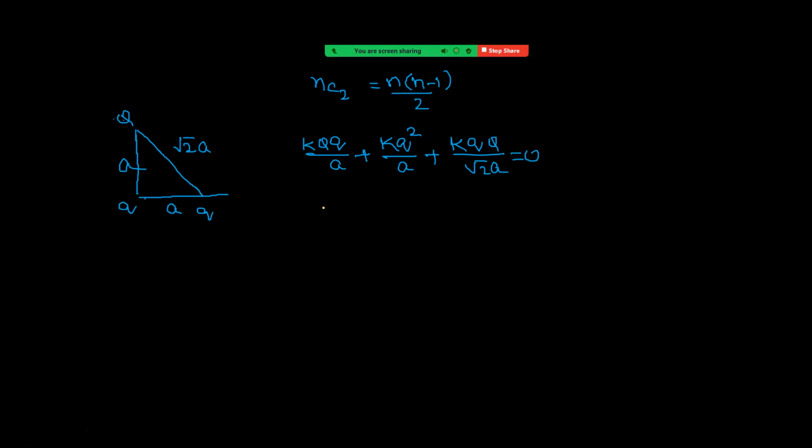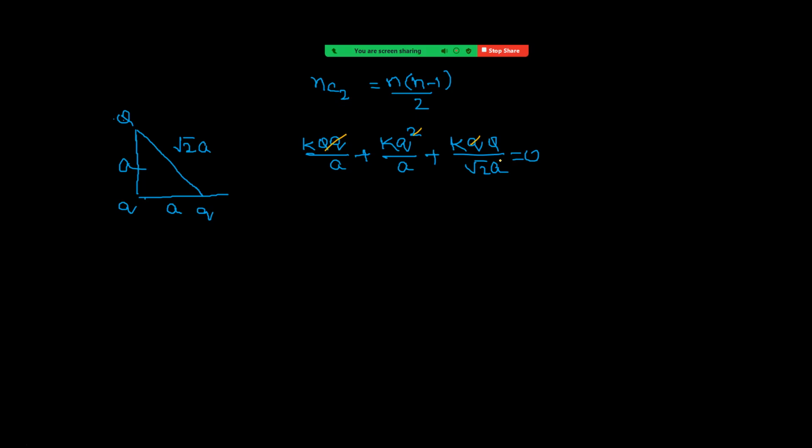Just a calculation. K cancels throughout and a cancels throughout. See what is left here: 1 q, here 1 q and here 1 q.